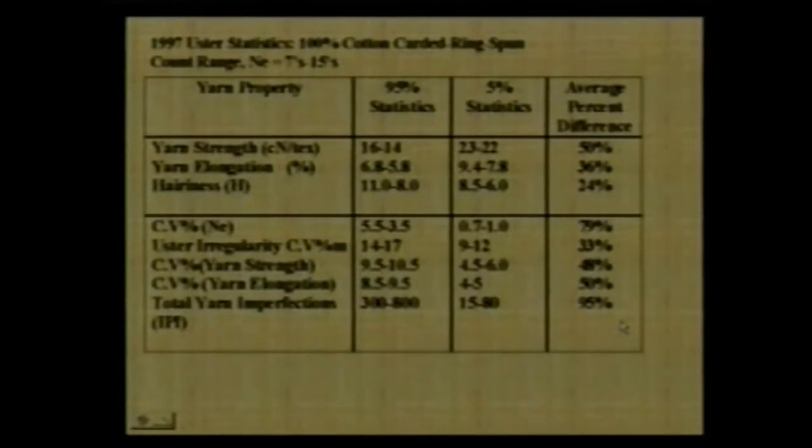So these stunning differences in the user statistics reflect a great deal of subjectivity in purchasing raw material, selecting fiber attributes that are suitable for a given yarn, and also a great deal of subjectivity in handling the technology or understanding the fiber-machine interaction.